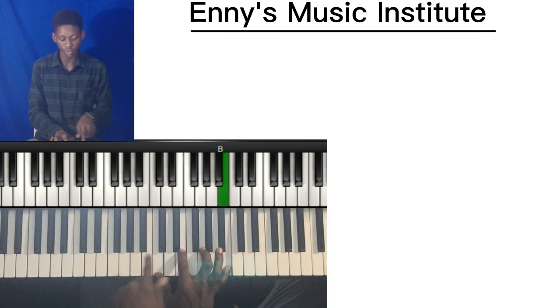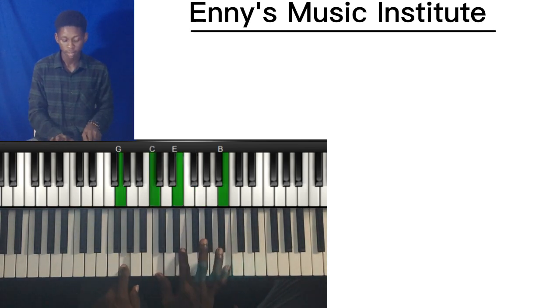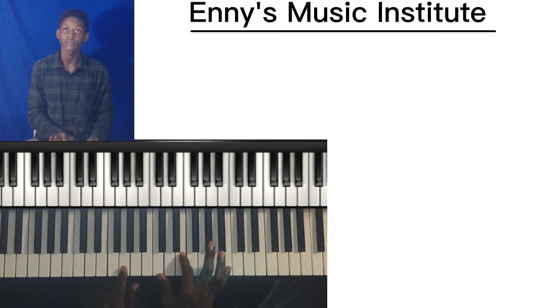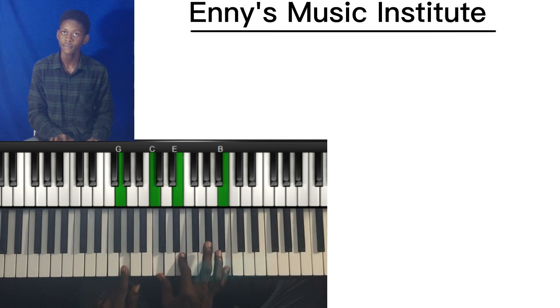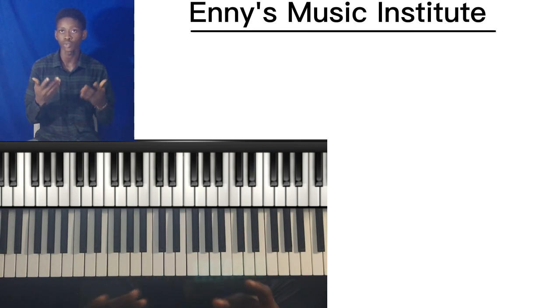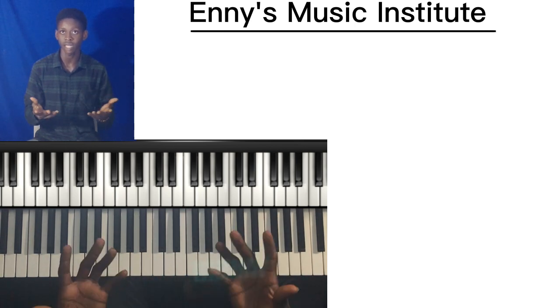So we drop this second highest. This is the drop 2 voicing of our C major 7th. I'm trying to keep it simple. That's just for you to understand the idea of a drop 2 chord. So I'm going to give you an exercise that you can do to really get you started if you are just learning about drop 2s.